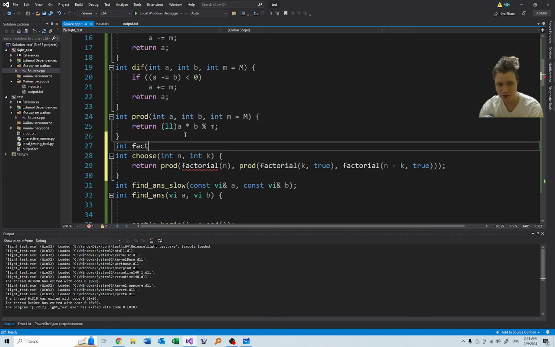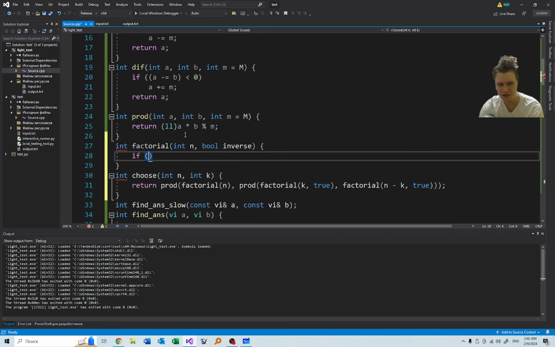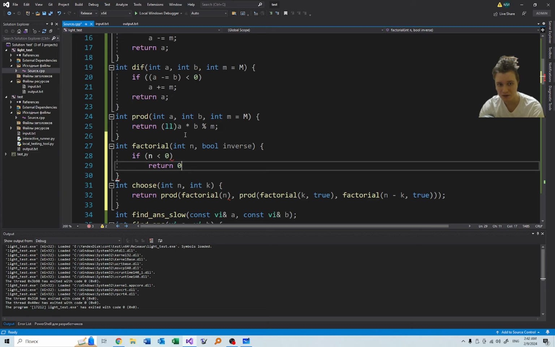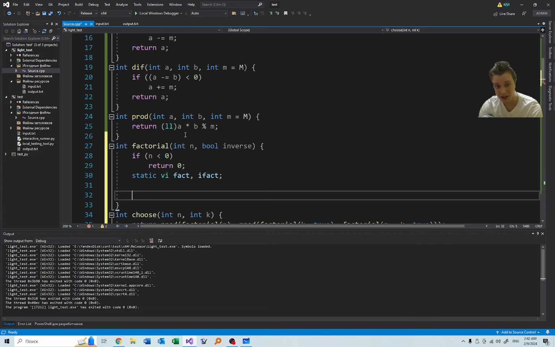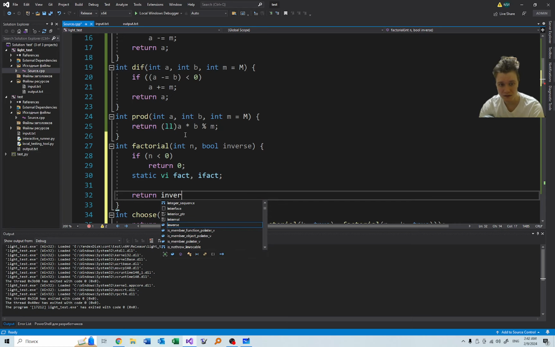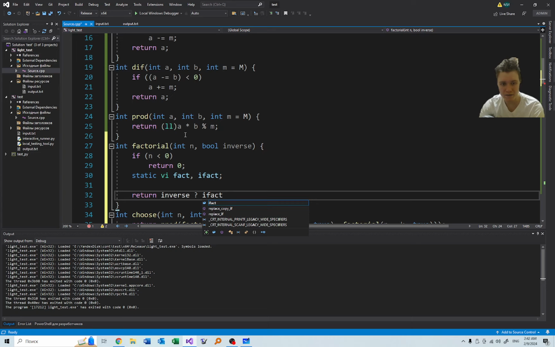Int factorial, int n, and bool inverse. First of all, let's do it easy, and if n is negative, then we return 0. Then we have static vi factorials and inverse factorials, and we will return either inverse factorial of n or factorial of n.